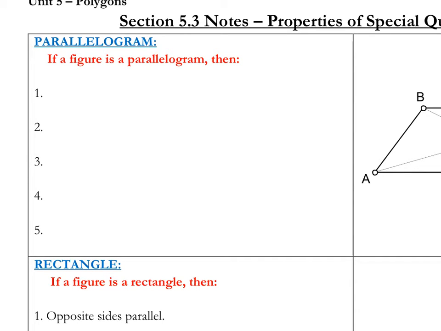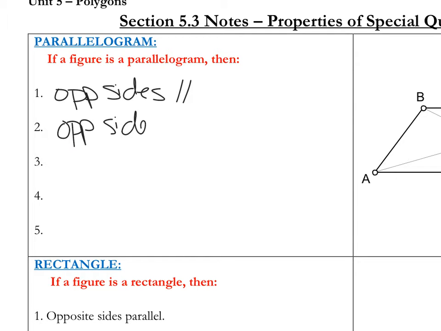So first and foremost, and this is what defines a parallelogram, is that opposite sides are parallel. Hence why it's called parallelogram. Okay, we also know that opposite sides are congruent. We know that opposite angles are congruent.